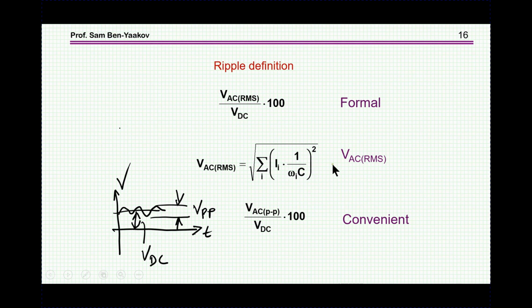Now, the definition of an AC is, of course, the sum of all the components, the higher harmonics. You have to take the square of each and sum it up and then take the square root.